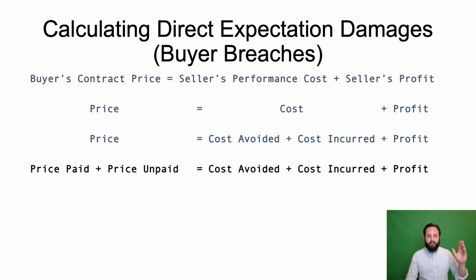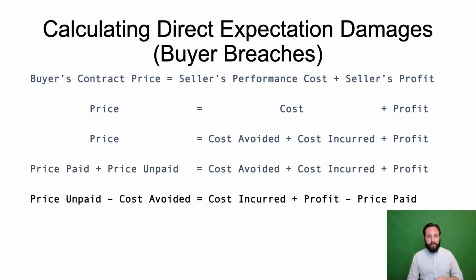All right, next, let's rearrange this formula. We're going to make it a little bit more useful, and hopefully you can see where I'm going with this. So if we remember our algebra, we can rearrange this formula, and we can arrive at price unpaid minus cost avoided equals cost incurred plus profit minus price paid. So that's our new equation here.